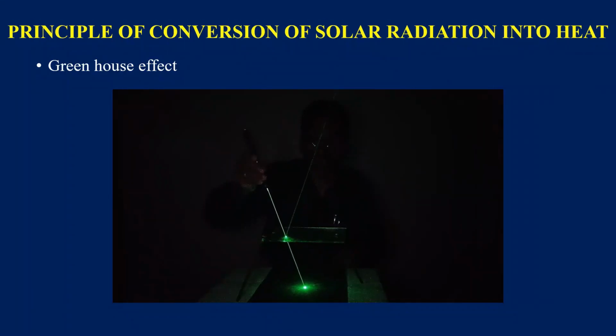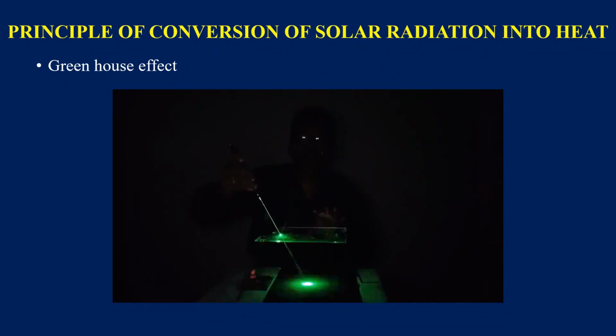The longer wavelength infrared radiation reflected from the ground surface, when it reaches the glass cover, the glass will not allow it to escape and it reflects back. So inside the glass house, heat is trapped and the temperature increases.